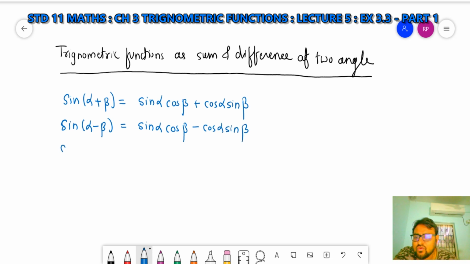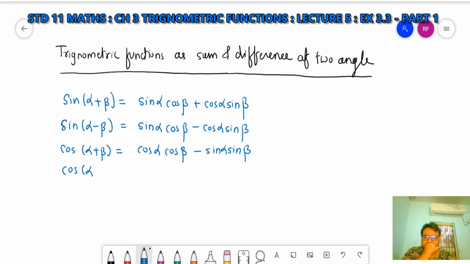Okay. Now cos alpha plus beta is cos alpha cos beta minus sine alpha sine beta. Cos alpha minus beta is equal to cos alpha cos beta plus sine alpha sine beta.